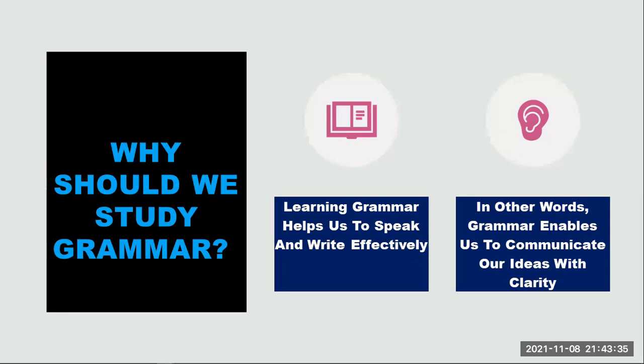Every child born in the English-speaking community grows up speaking English by reason of being exposed to the sounds of the language first of all, and then learning how to write the language, how to represent those sounds with letters. So, learning aspects of the language enables us to speak and write effectively, all right?